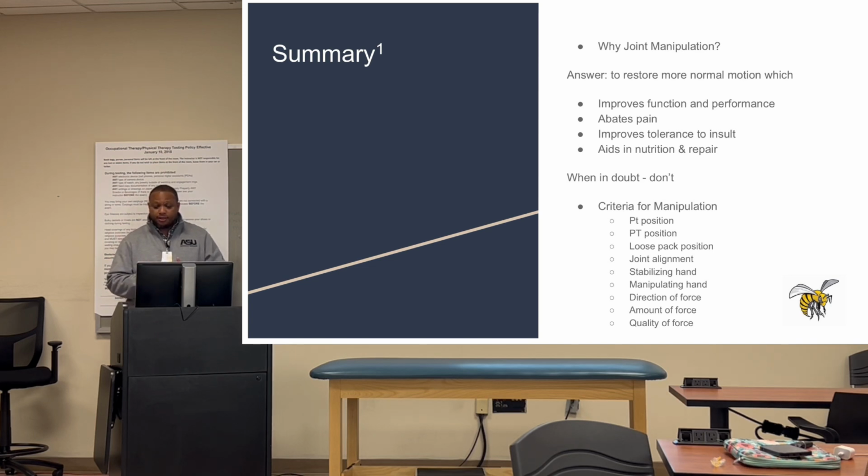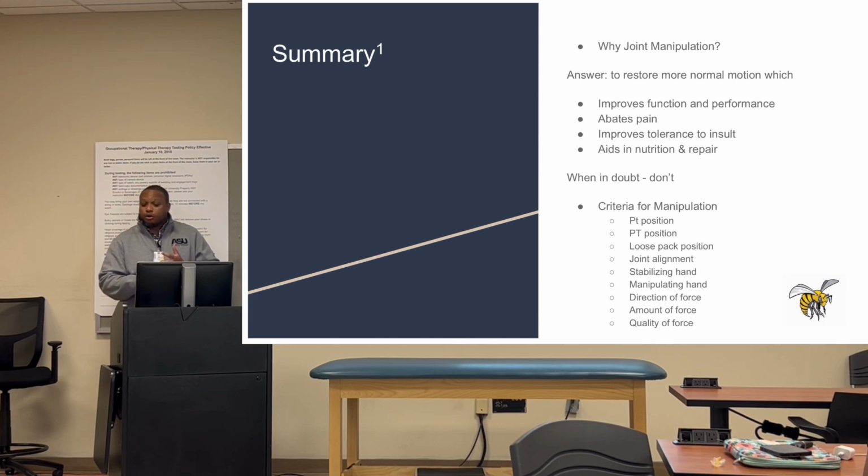What does abate pain mean? Decrease pain or eliminate pain. Improve tolerance to insult, and we also want to aid in nutrition and repair. And so these are the science behind joint mobilization and manipulation. So our criteria for manipulation is patient position, PT position, loose pack position of the joint.